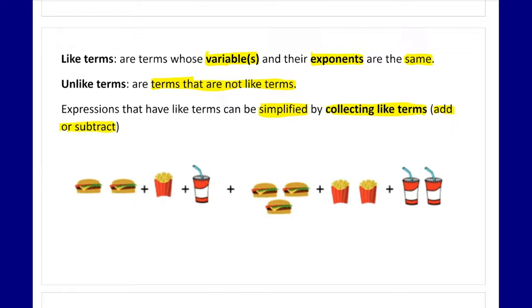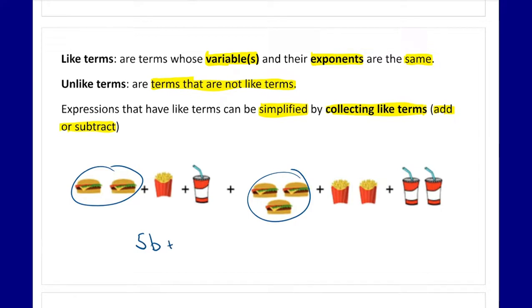Can I simplify it? Well, I can combine all the things that are considered the same. So I can combine my burgers together. Instead of saying 2 burgers plus 3 burgers, I can just say 5 burgers, or 5B, just to make it a little bit simpler. B is what I'm identifying this as, 5 burgers.